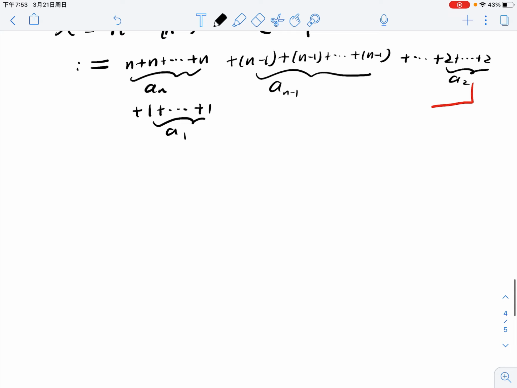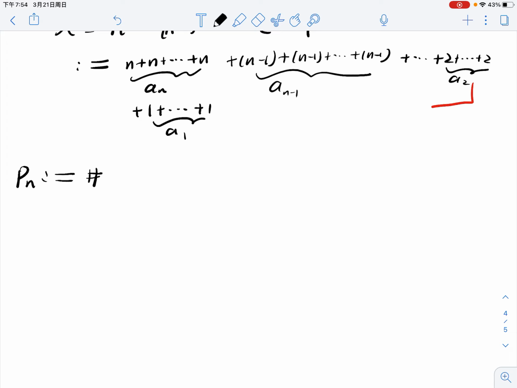Okay, and this is how we understand this problem, but you can also formulate the problem in the following rigorous way.